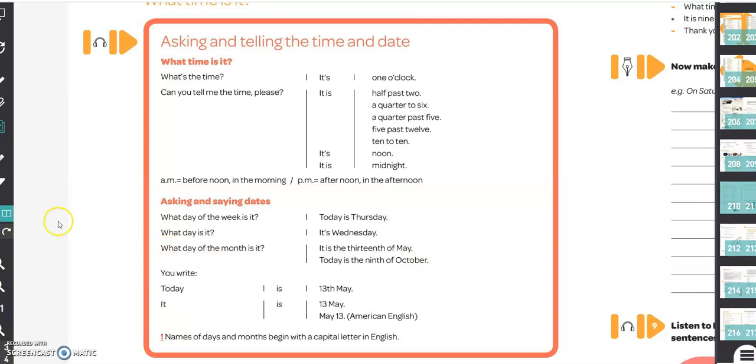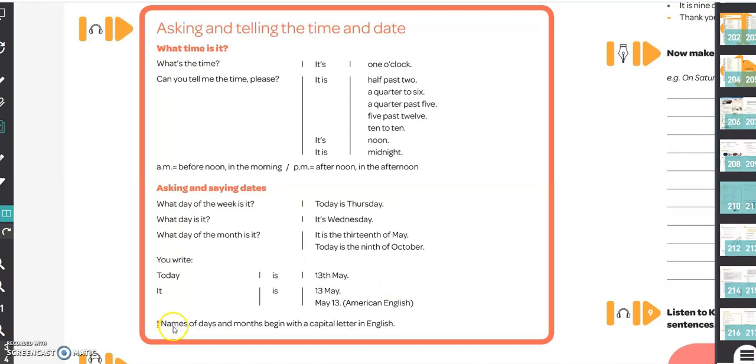But pay attention, if you want to write it down, you only write today is 13th of May, so you don't write of and you don't use an article. Yes? Okay, so keep that in mind. And so names of days and months begin with a capital letter in English, but you've already seen that. Yes?